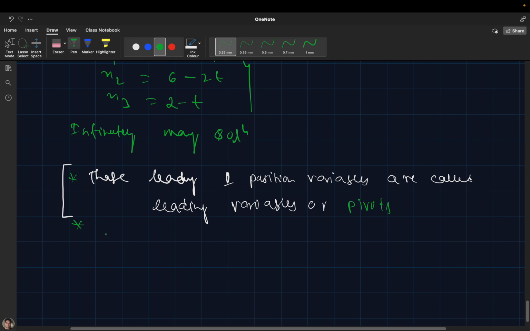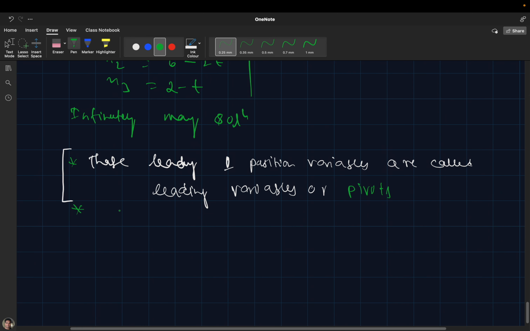Now the second point is non-leading variables. Non-leading variables are called free variables.